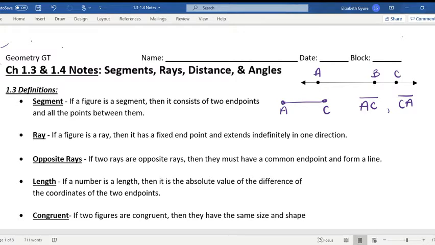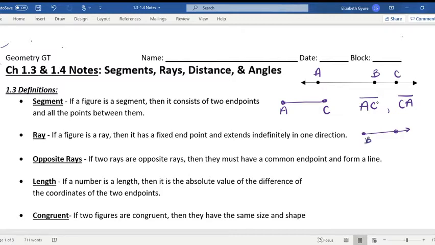Then we have a ray. If a figure is a ray, then it has a fixed endpoint and extends indefinitely in one direction. Again, there are several rays in this diagram. I'm going to point out ray BC to you, and what that would look like is you would have your endpoint, and it's going to extend forever in the other direction, right towards another point.